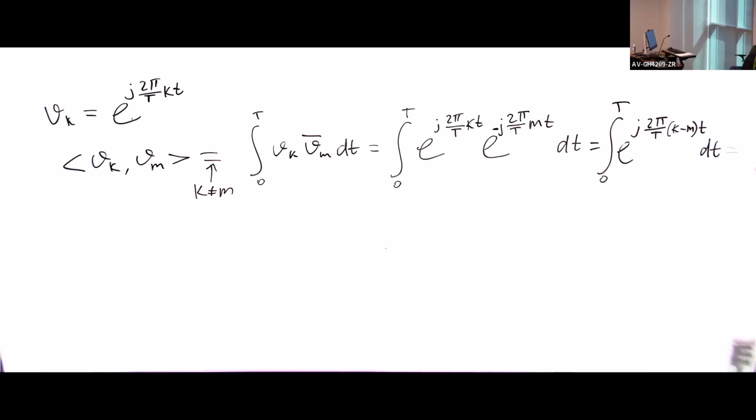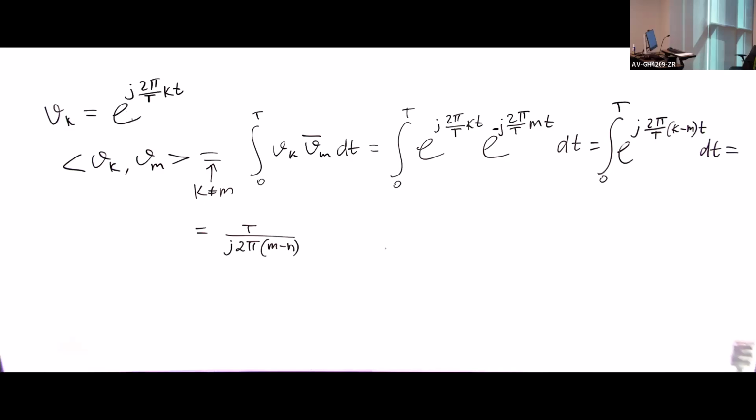The integral of an exponent of something is 1 divided by the power times the same exponent, right? So this will be like that. It will be 1 divided by the power, which will be T divided by j 2 pi (k minus m).